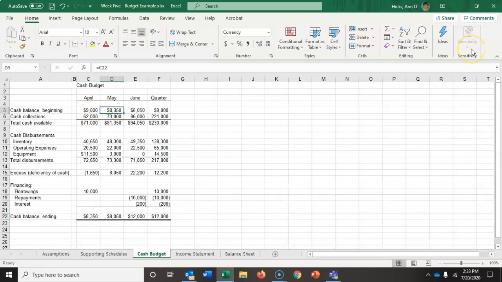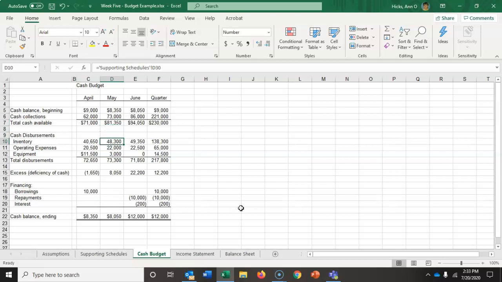For May, we're going to walk through the same scenario, really. The beginning cash for May is what we end April with. The cash collections come from the supporting schedule page. We now have $81,350 in total cash available.